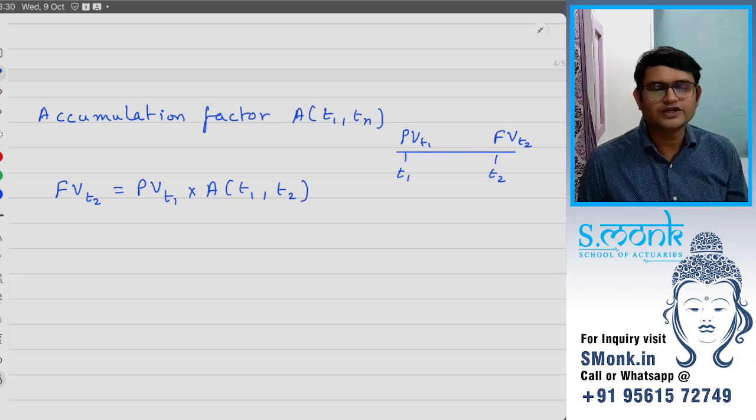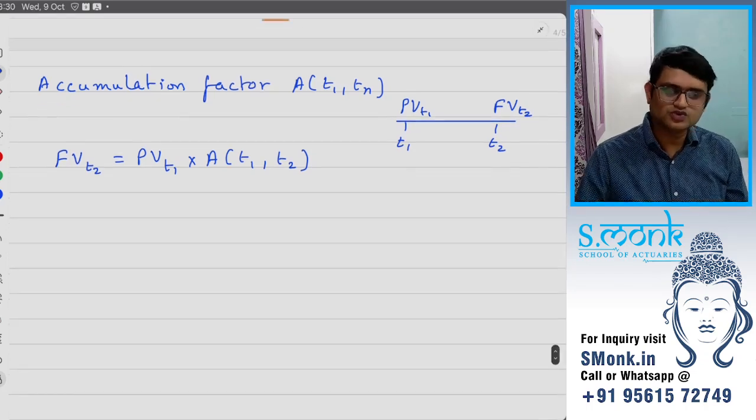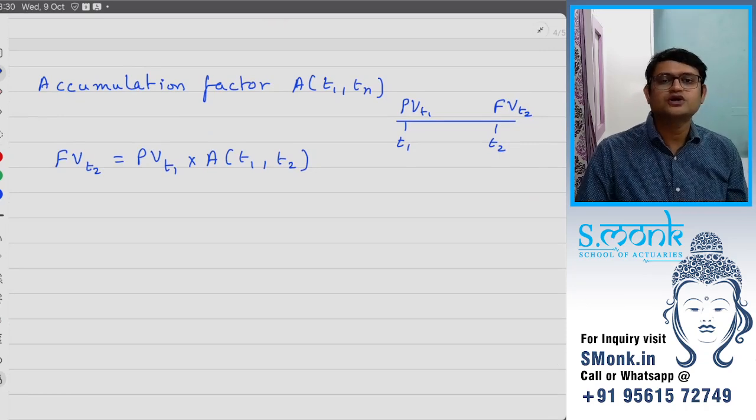Okay, so the term accumulation factor refers to just the simple ratio by which the time value will change.